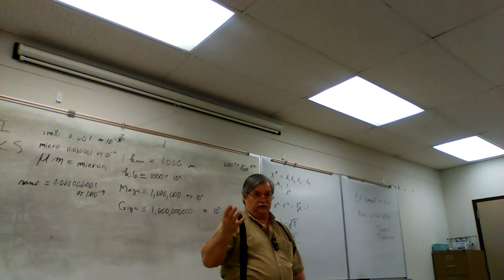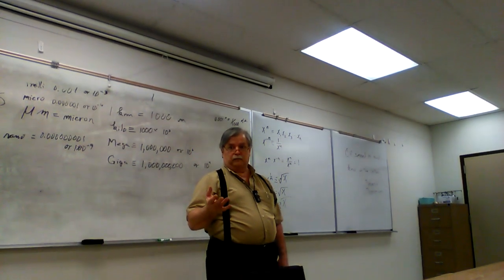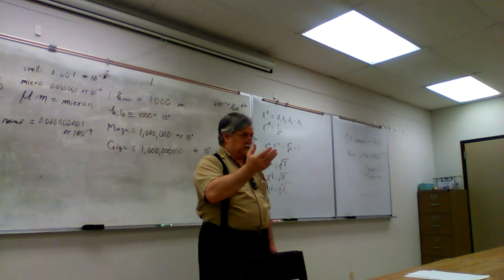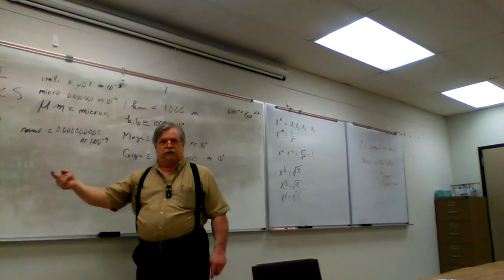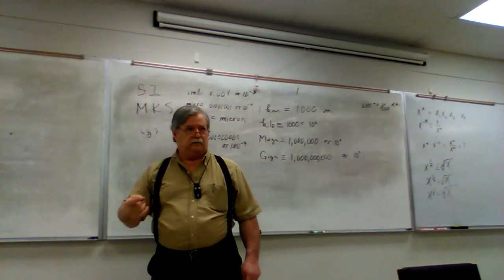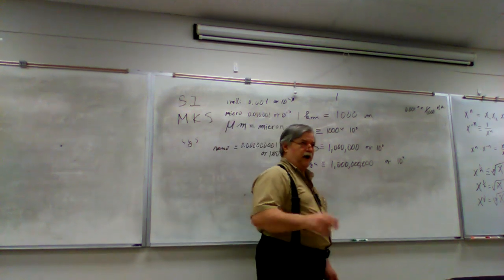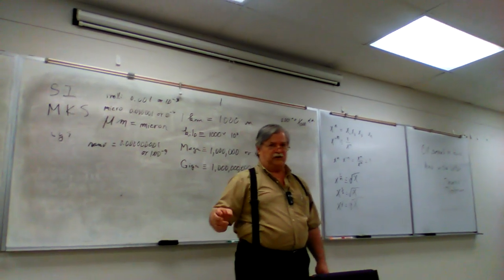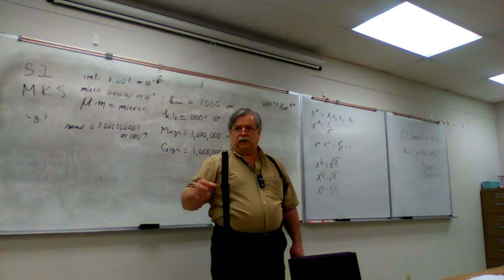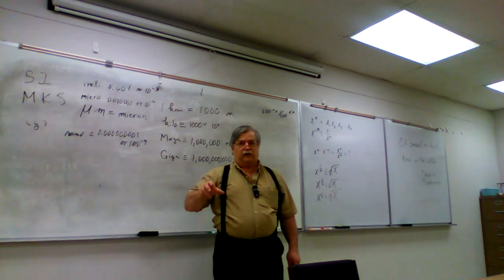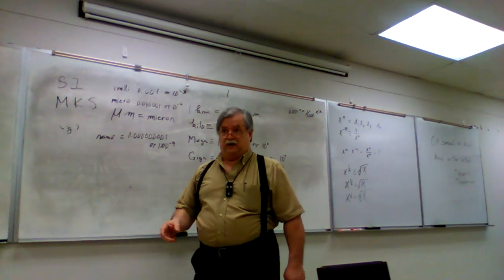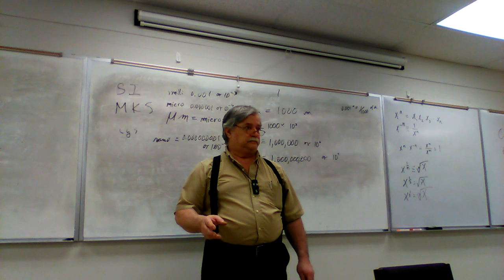What's meters per second squared? Acceleration. Meters is distance or position. Speed is change in position per unit time. How fast does your position change? Acceleration is how fast does your speed change, or your velocity.